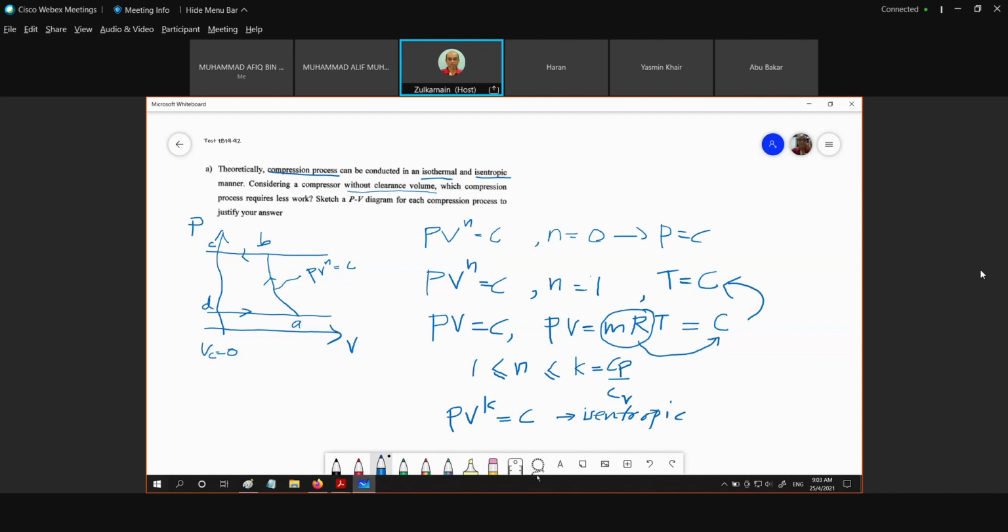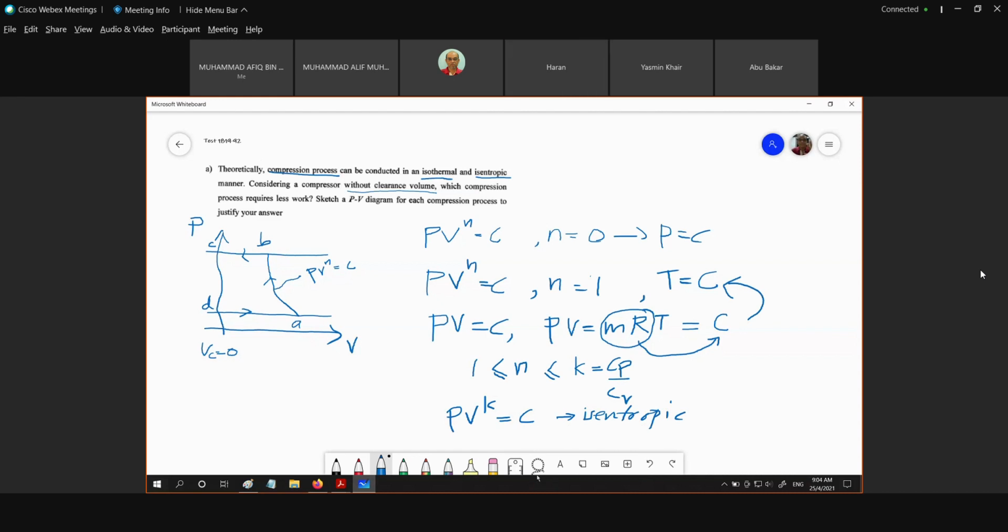Actually, this N value ni apa? As far as this AB line is concerned, what does this N represent? Compression constants?